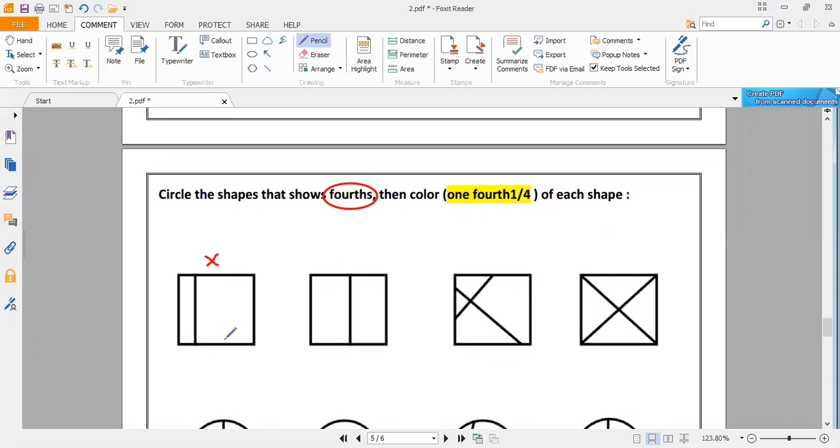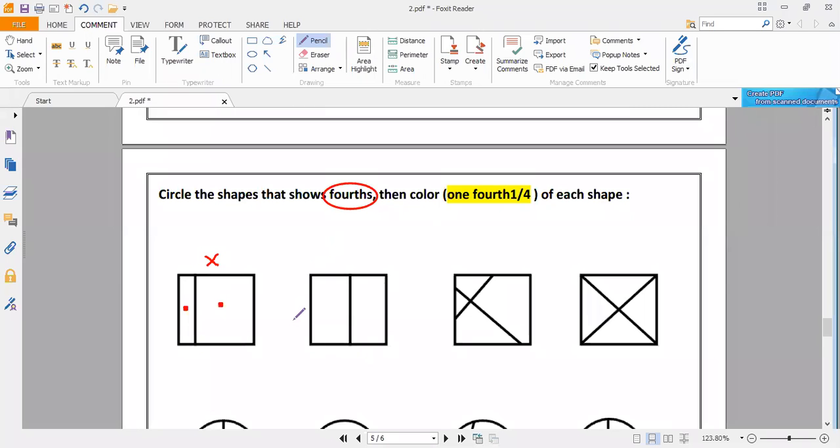From the word fourths, it means four equal parts. Fourths, Sidra, means 4 equal parts, meaning 4 parts and these 4 parts are equal. Okay, so here we have only 2 parts. So this is not fourths.